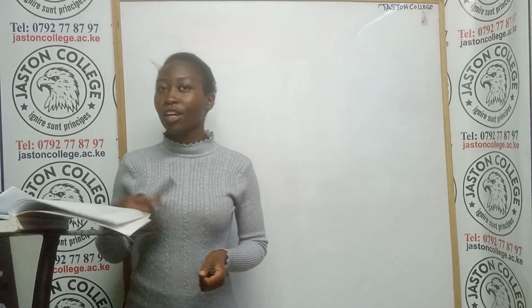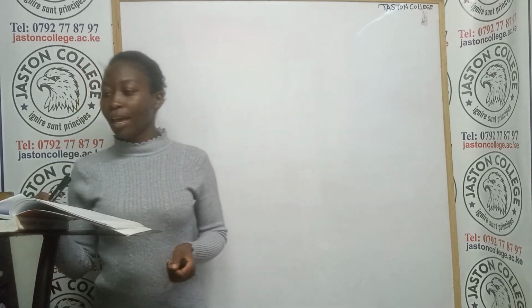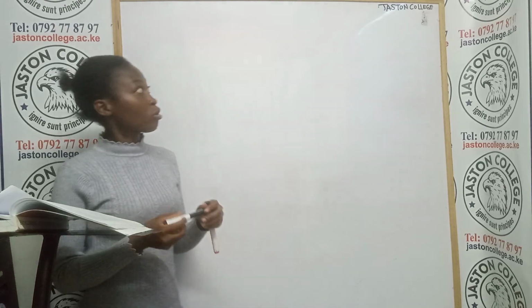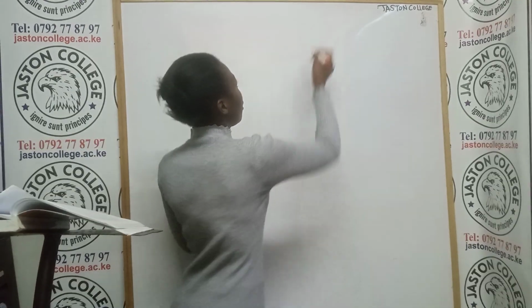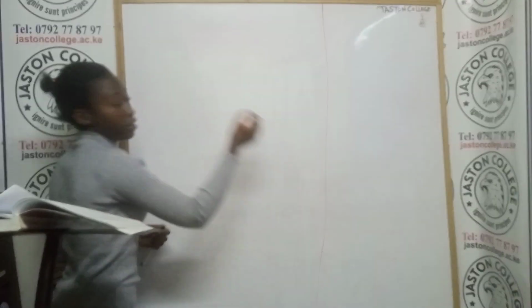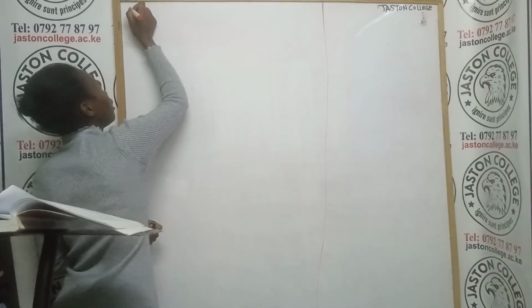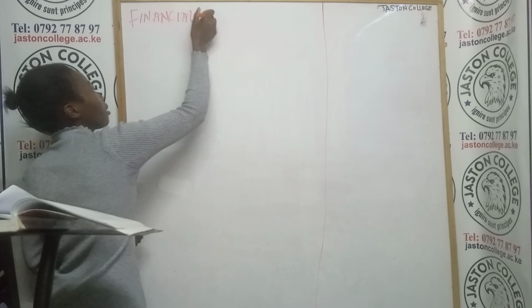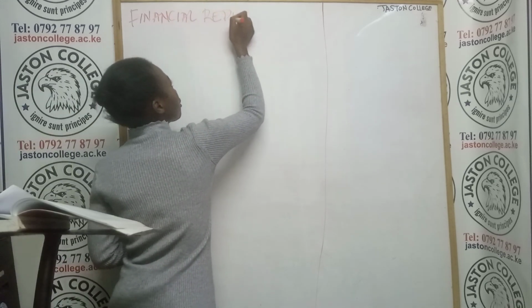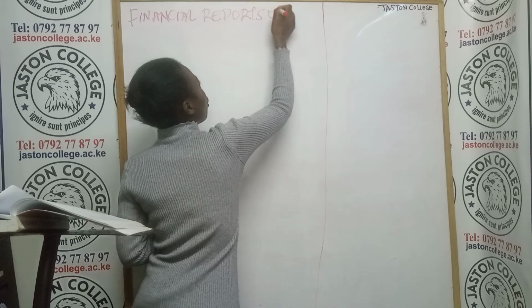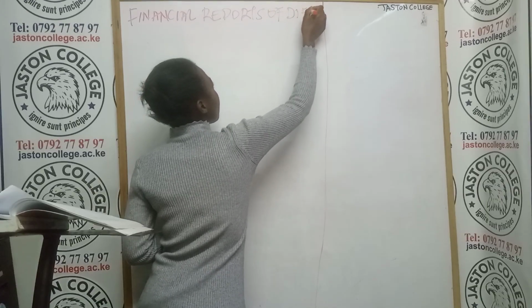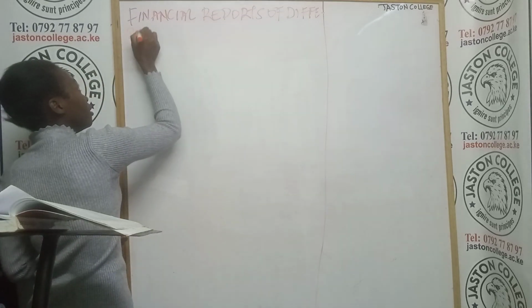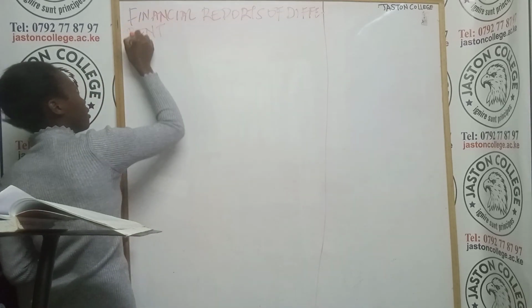I'm going to take you through financial reports for different entities, and we are going to use the financial statements. So let's write. We have the financial reports of different entities.